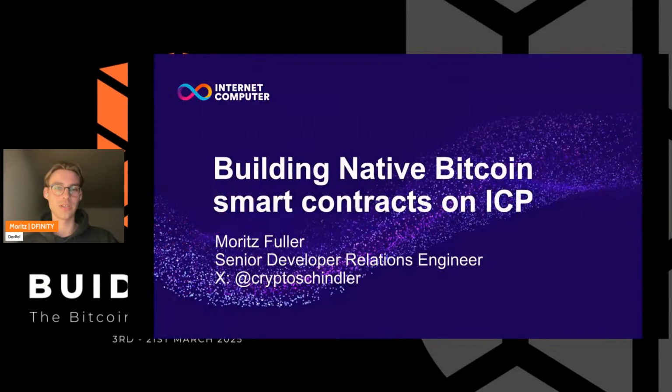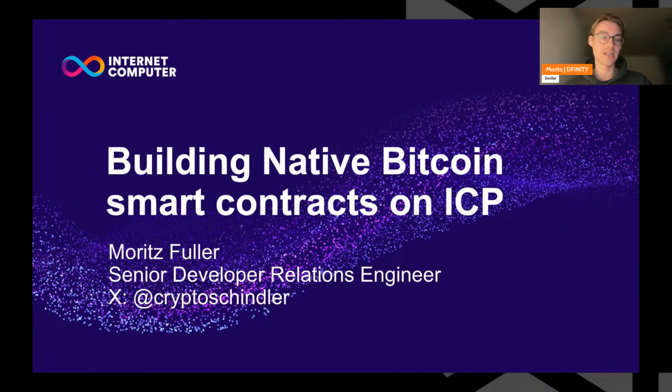Thank you. As already mentioned, today I'm giving a hands-on workshop. On Monday, I talked about the internet computer in general and more specifically about the Bitcoin direct integration and chain key signatures. In today's workshop, I assume that you were present on Monday.